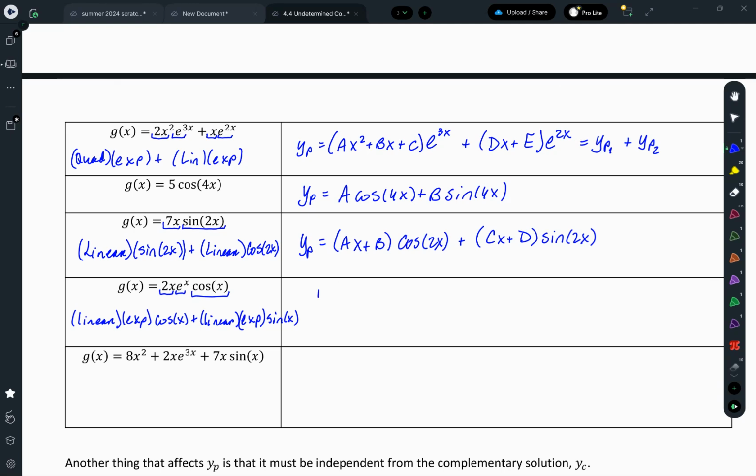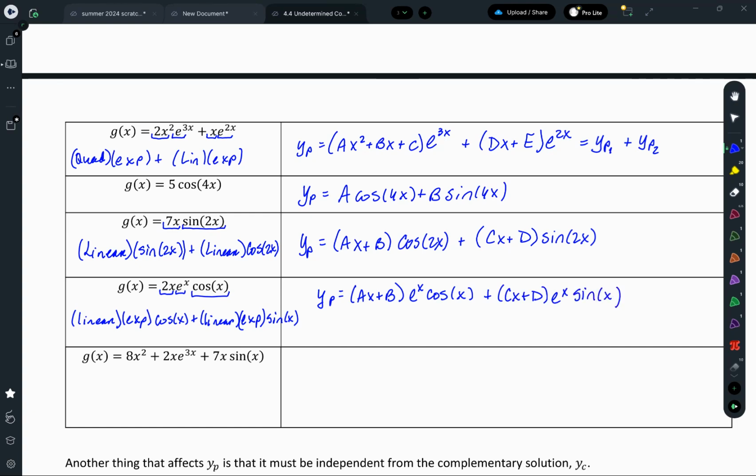All right, so our guess will need to be linear ax plus b times the exponential e to the x times cosine of x plus new linear cx plus d times the exponential e to the x times sine of x.